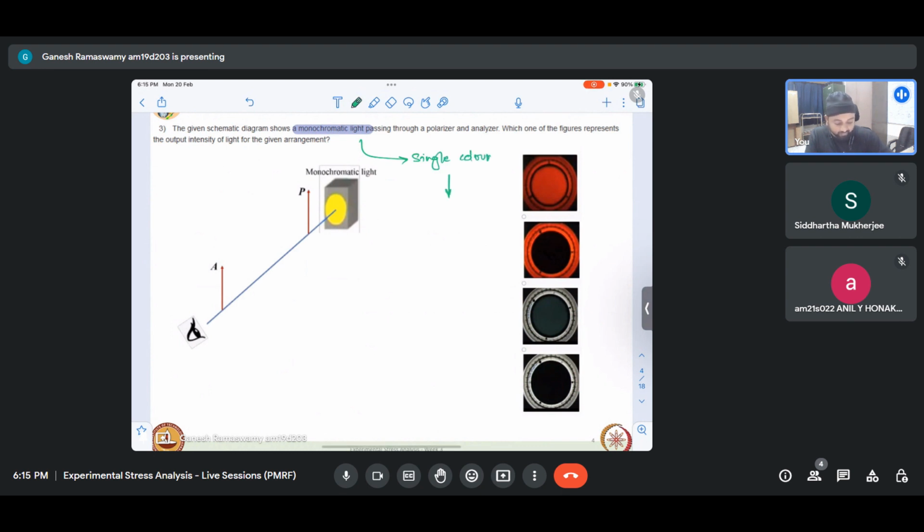So essentially, this implies a single wavelength.